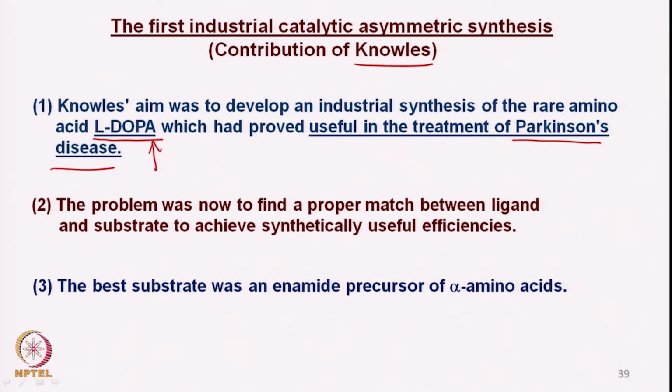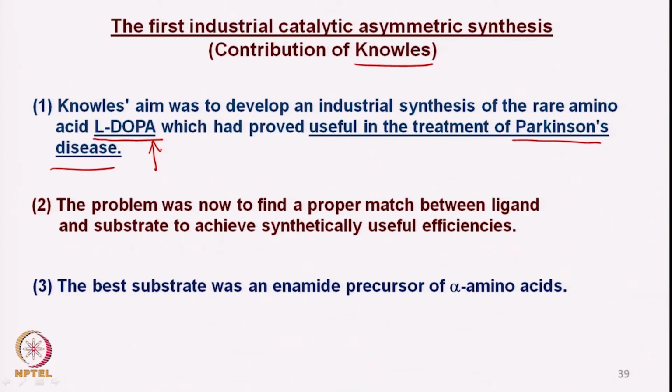If you recall, we had discussed that whatever optically active molecule we need to use as a medicine should be in that particular optically pure form, because the other enantiomer could be not useful at all.